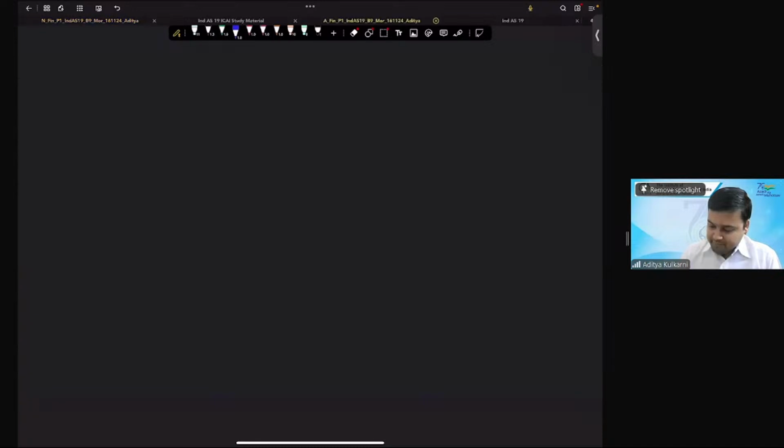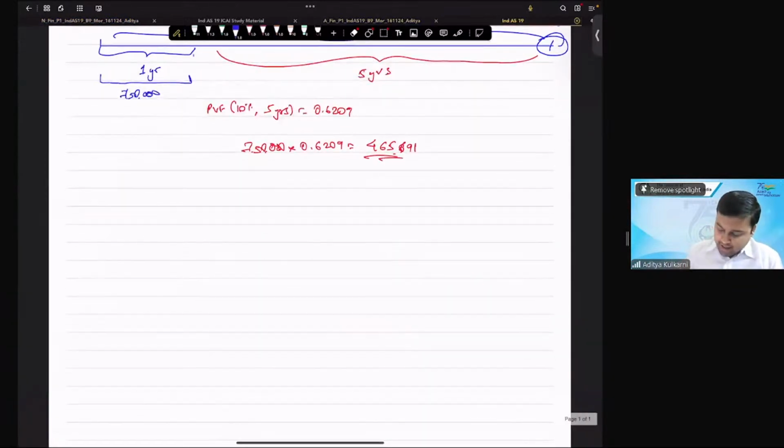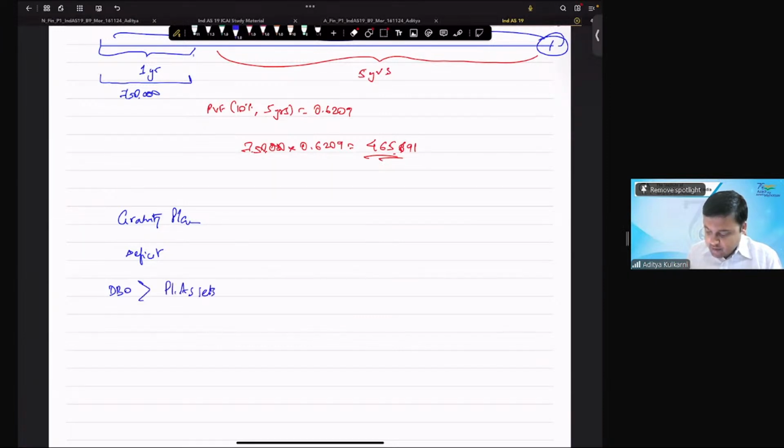Yes sir. Okay. So suppose I have a gratuity plan. The gratuity plan is in deficit. Deficit means DBO is greater than plan assets. And I have a pension plan. In the pension plan, suppose I have a surplus.